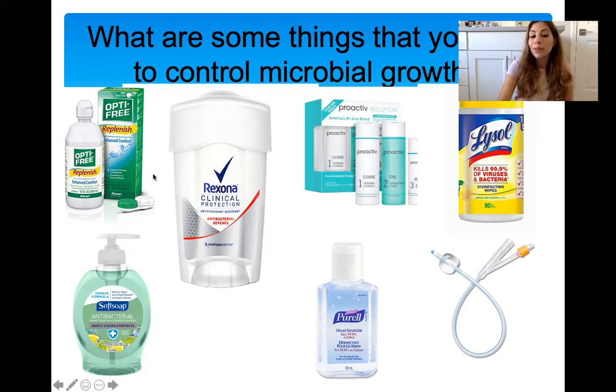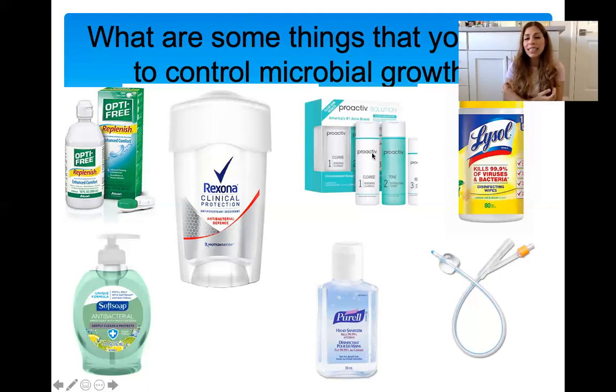Another thing that people use is deodorant. So deodorant has different chemicals in it to prevent bacteria or different microbes from growing. And it's the bacterial growth that causes the smell. People who notice that they have a smell under their arms, it's because bacteria are growing there. And it is just as effective to use deodorant as to use alcohol. So if you take a little bit of rubbing alcohol and put it under your arms, it's as effective as deodorant.